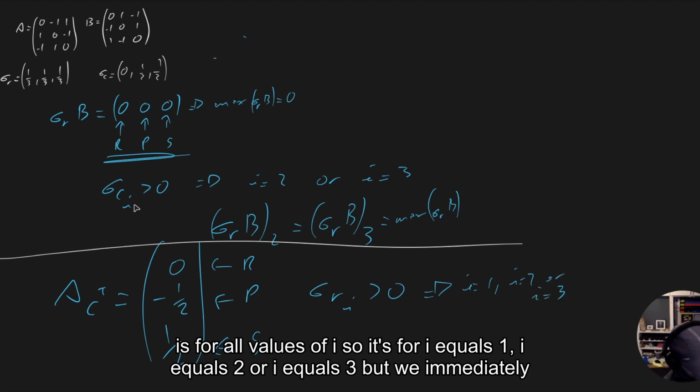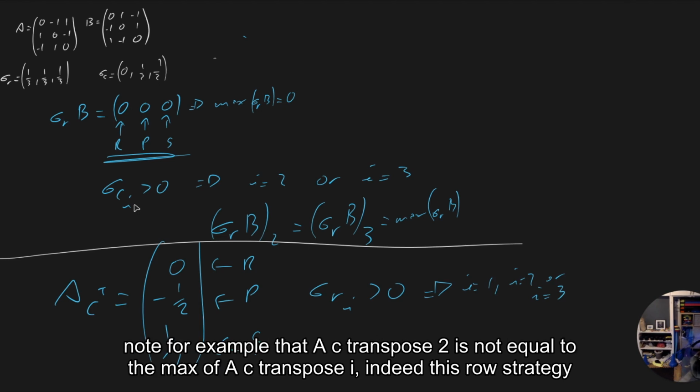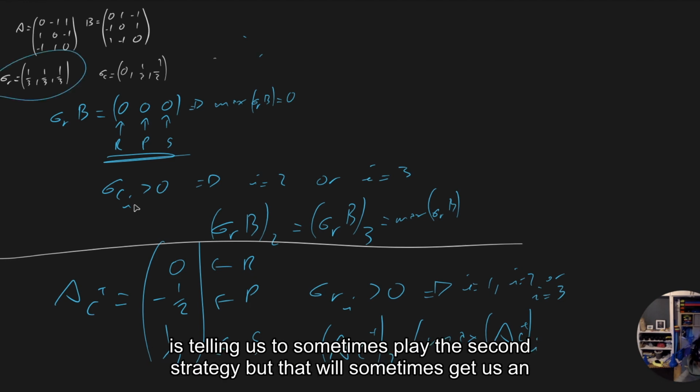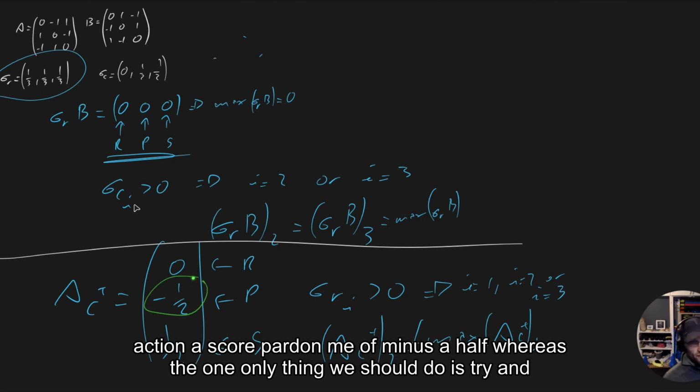But we immediately note, for example, that A sigma c transpose 2 is not equal to the max of A sigma c transpose I. Indeed, this row strategy is telling us to sometimes play the second strategy, but that will sometimes get us a score of minus a half.